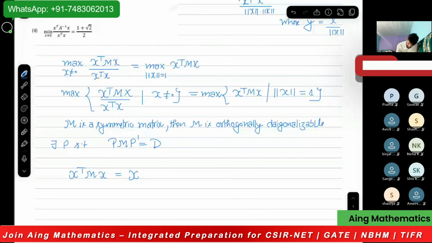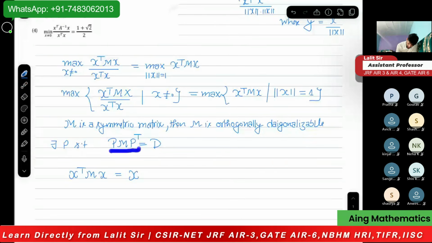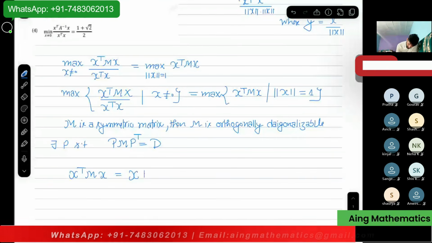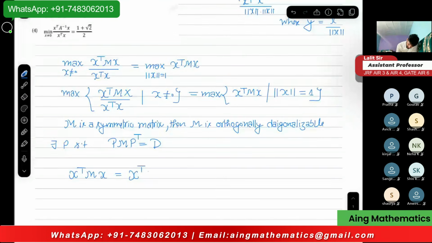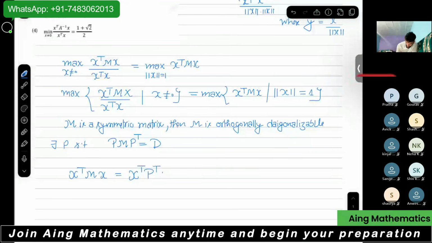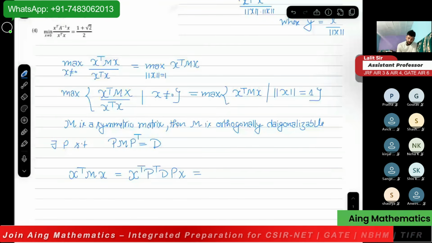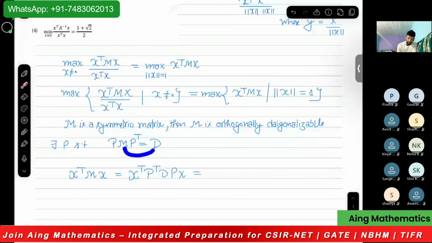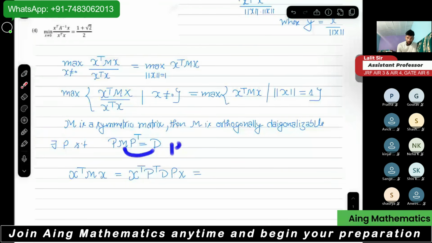It doesn't matter. So x transpose, in place of M you can write P transpose D P, right? Is it okay? Because M equals P transpose D P. P and P transpose will be inverse to each other because the matrix is orthogonal. Okay, P is an orthogonal matrix.